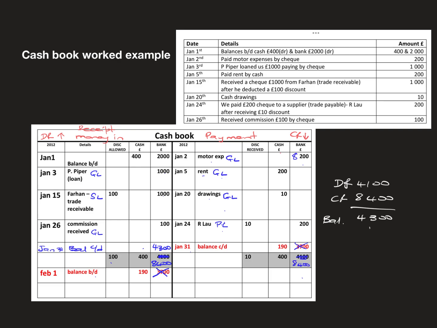I would have to bring the balance C/D down to the opposite side over here. And so what I would have is February 1, balance brought down B/D, and the amount would be 4,003. Now this balance, which is here, 4,003, because it is on the credit side, would be called a bank overdraft.